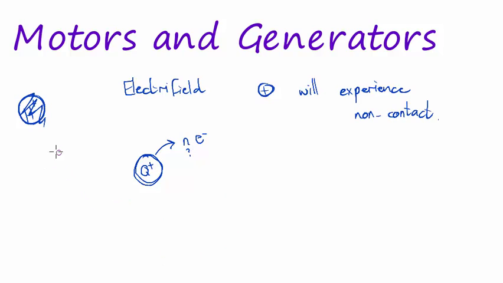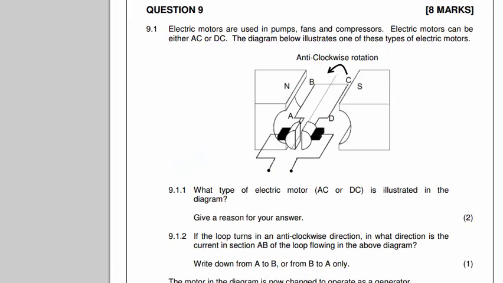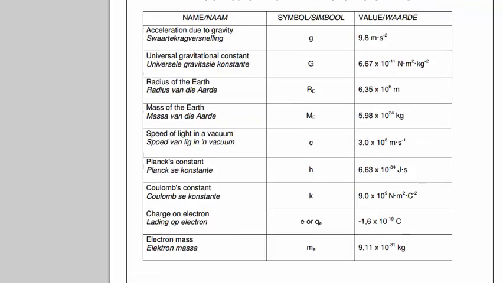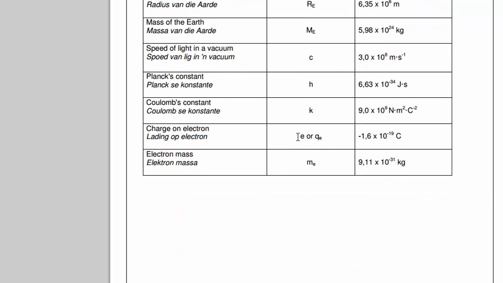For example, if it gave away one electron, then we go to our periodic table, and if an electron has a negative 1.6 times 10 to the power of negative 19 charge, then this thing has a positive 1.6 times 10 to the power of negative 19.